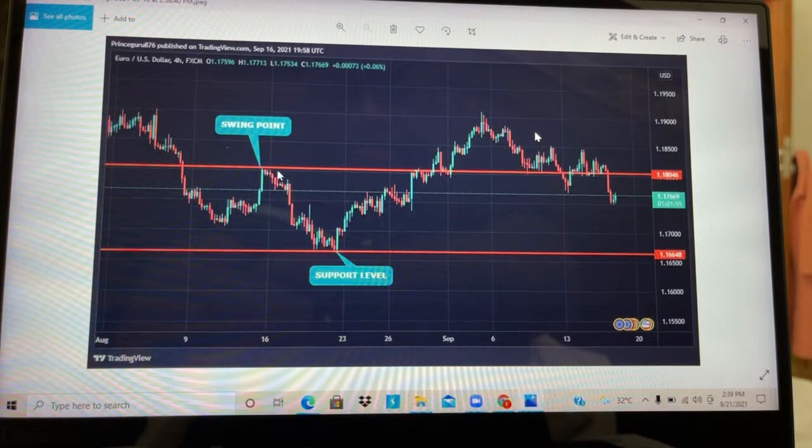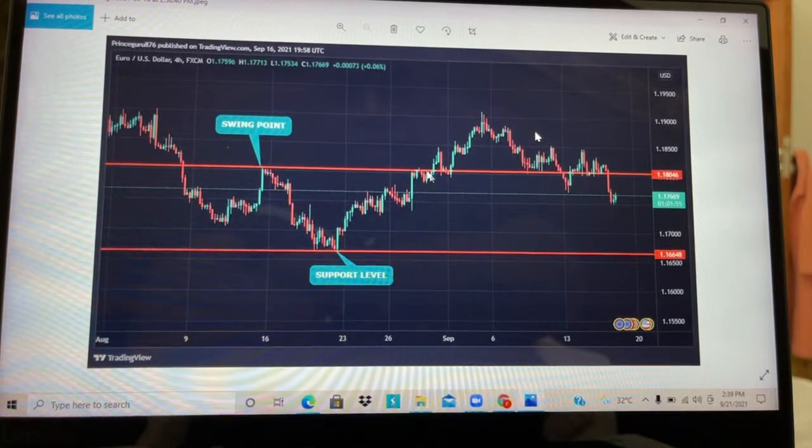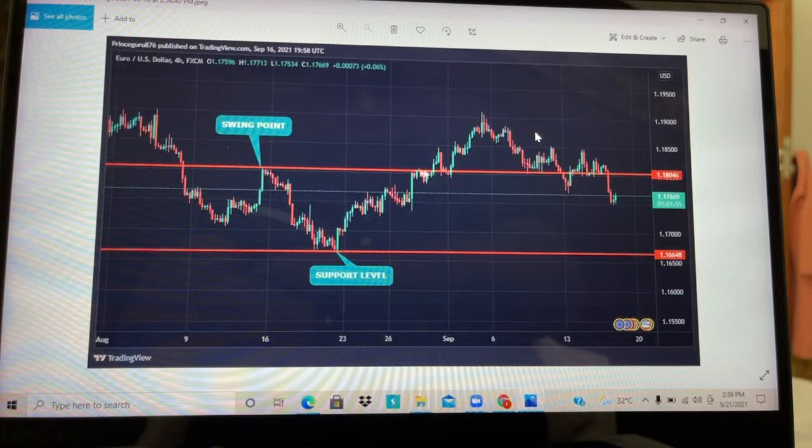So don't just enter the sell because you're at the resistance, because you see what happened here? It went past it because there was no sign it was going to be selling. But you, as a trader, because you saw it at the resistance, you opened up a sell. If you do that, you could be in some serious problems.